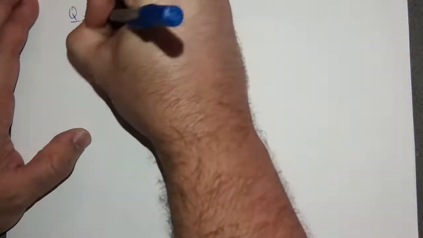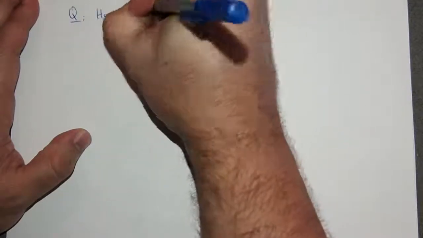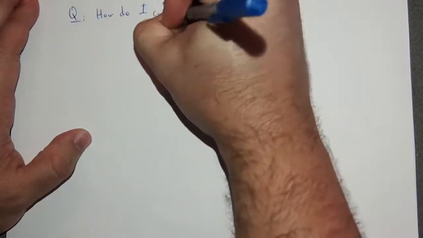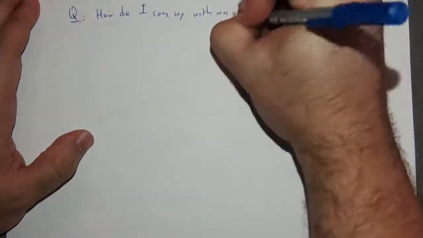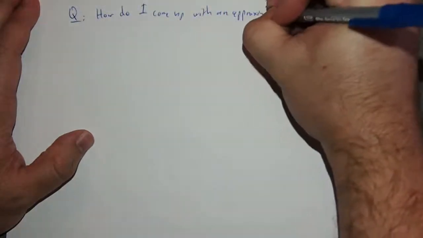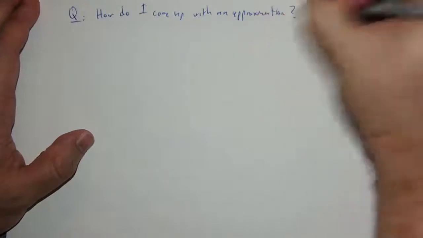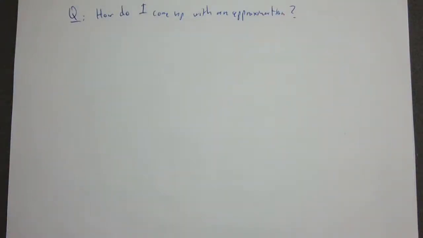So, question: how do I come up with an approximation in the first place? I'm not talking about the dumb way of doing it, like we tried, by just writing the digits over some powers of 10.